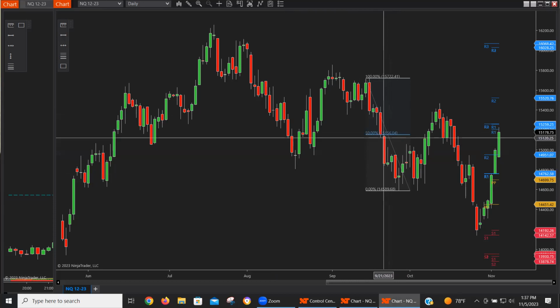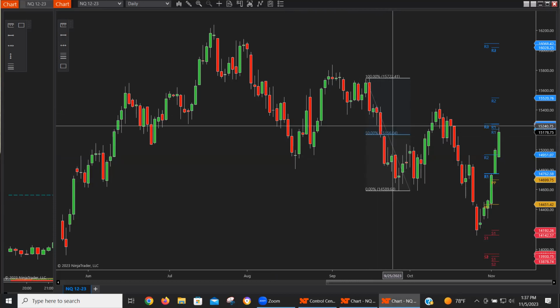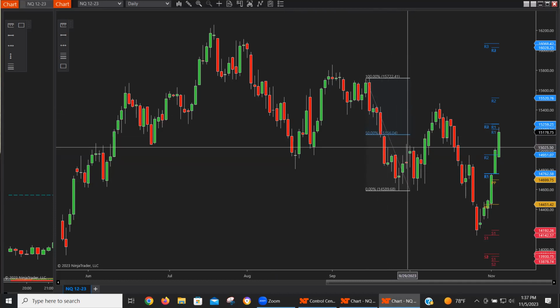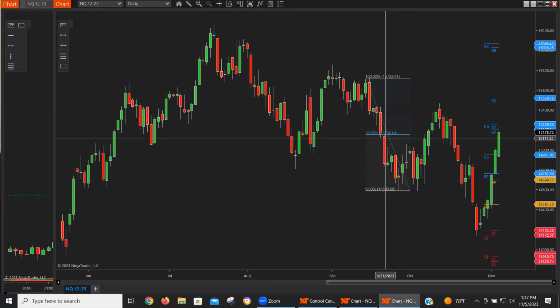Okay. Anything that is greater than, but less than 50% into the range is considered premium pricing. What I mean by premium pricing is institutions want to get discounts, so they rarely will take big moves out of premium areas of a range.